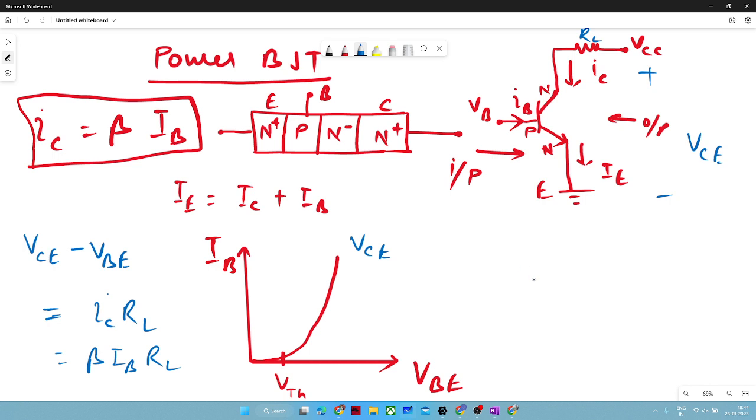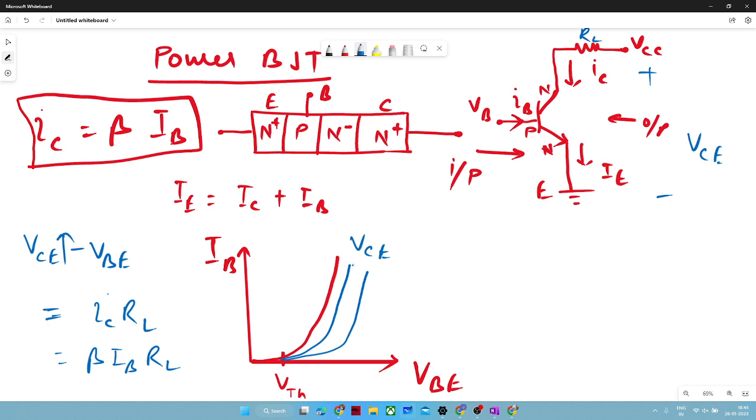So as you increase this VCE, right, then, sorry, VCC minus VBE equal to IC RL, right? So as you increase VCE, your IB is going to decrease. So if you plot with different VCE, let's suppose a lower value of VCE, these two blue curves have a lower value compared to the first.